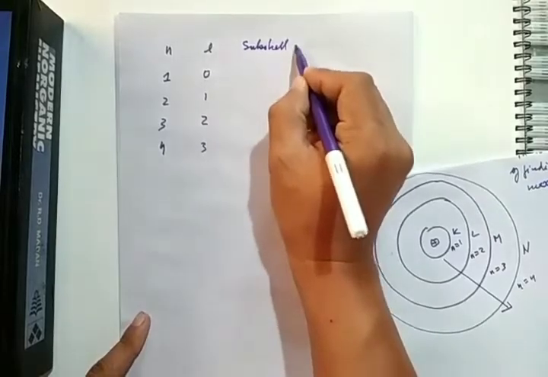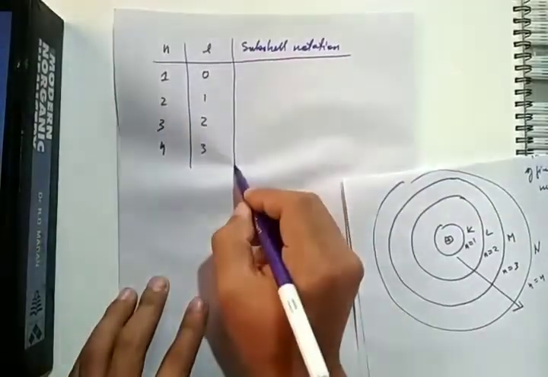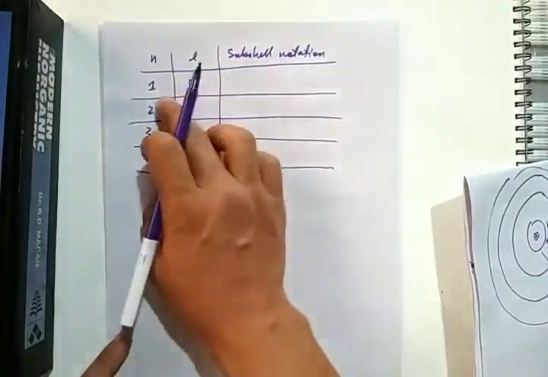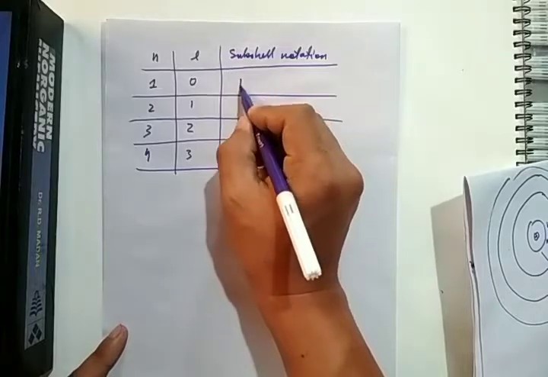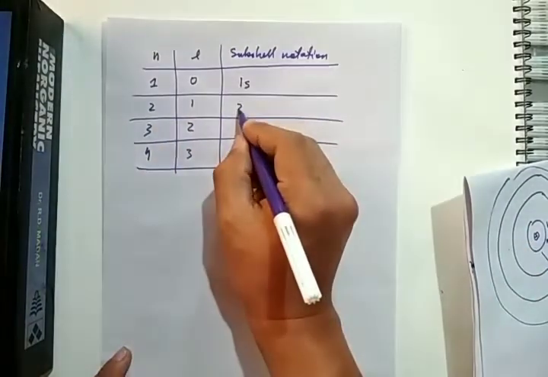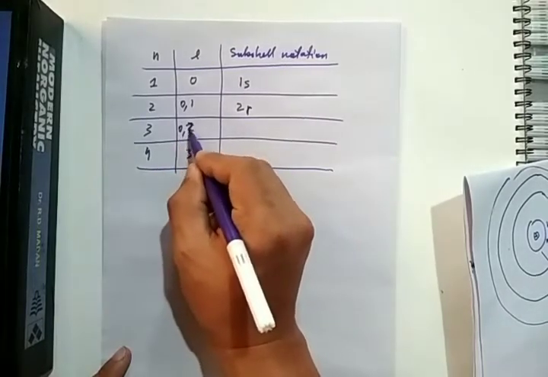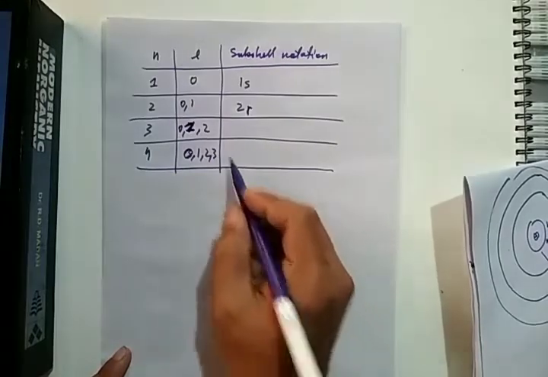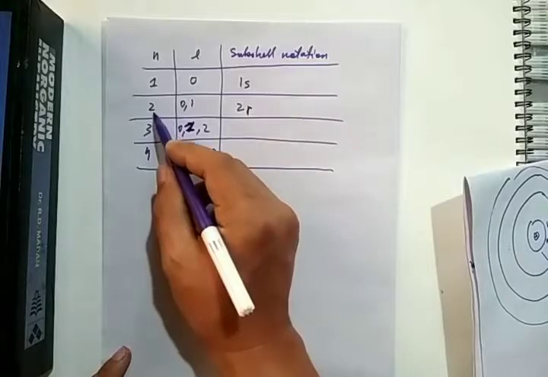Now, subshell notation. For n equal to 1, the L value will be 0.